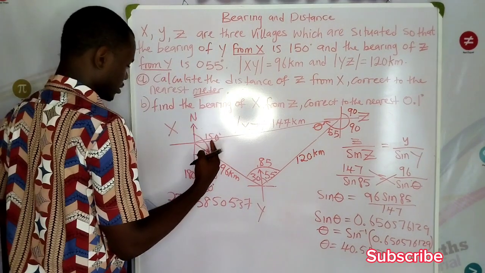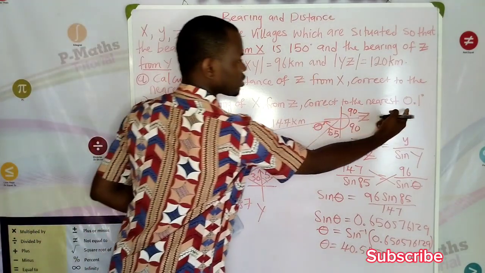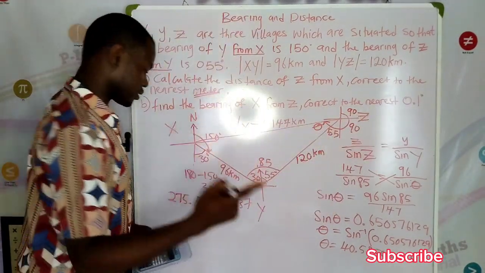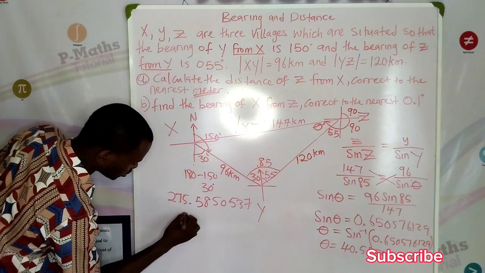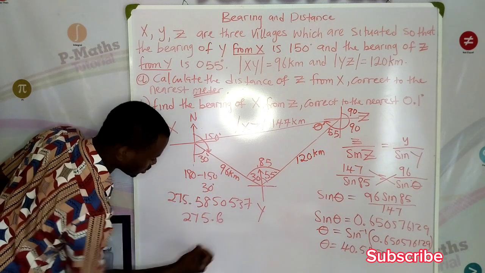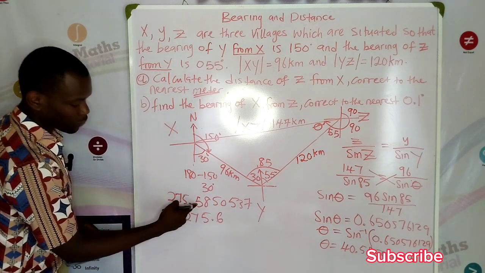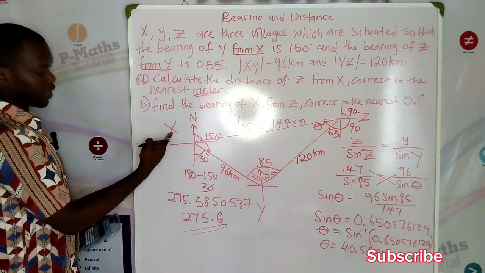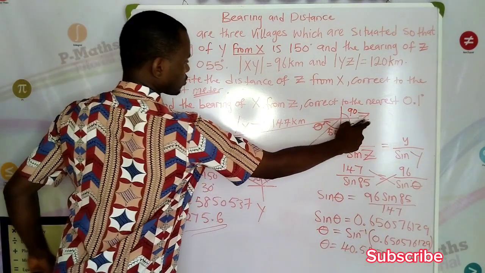Now remember that we are asked to approximate to the nearest 0.1 degree, that is 1 decimal place. So I'm going to take 275.6, rounding up the 8 into the 5, you have 6. So this becomes the bearing of X from Z.